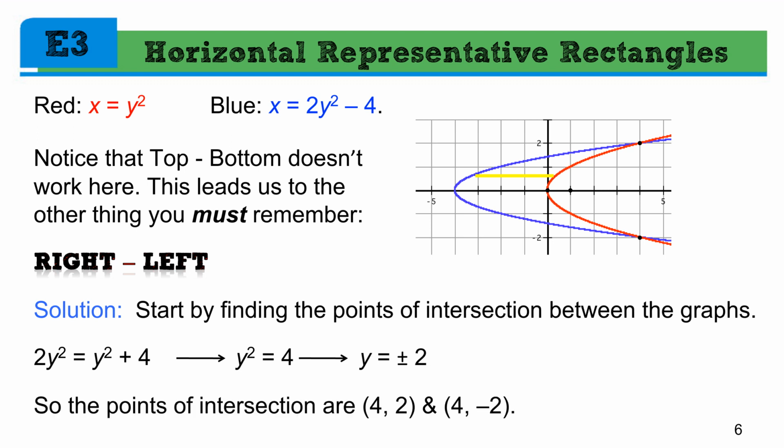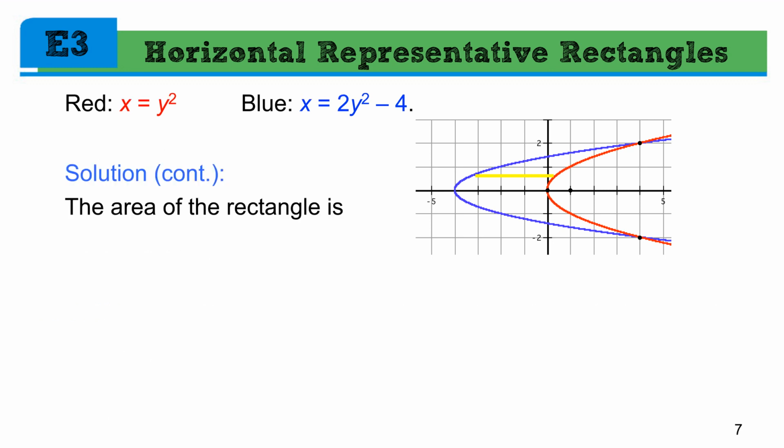So I have the points of intersection. Then I set up my integral. There's the area of my rectangle. Now we're talking about the height of the rectangle actually being the width of the rectangle, right minus left, red minus blue. And the thickness of that rectangle is really, really tiny, almost 0, which in this case we call dy.